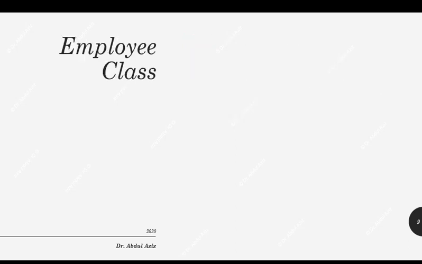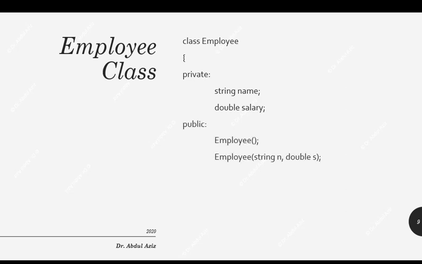Now take an example. We declare a class Employee, and in the class Employee we are going to declare two variables, two attributes which are private. We have a name that is a string, and then we have declared salary as double. And then in public, we have declared a null constructor. Then we have a parameterized constructor. We have a function getName.